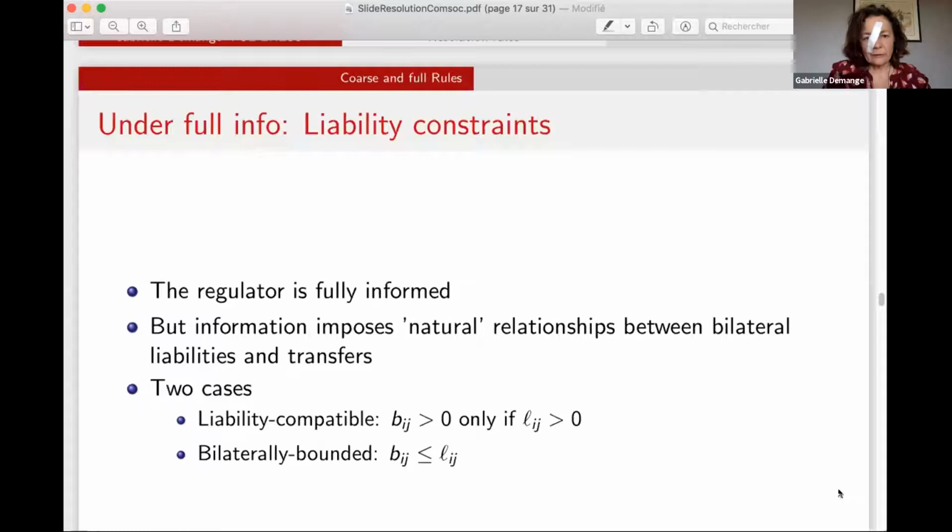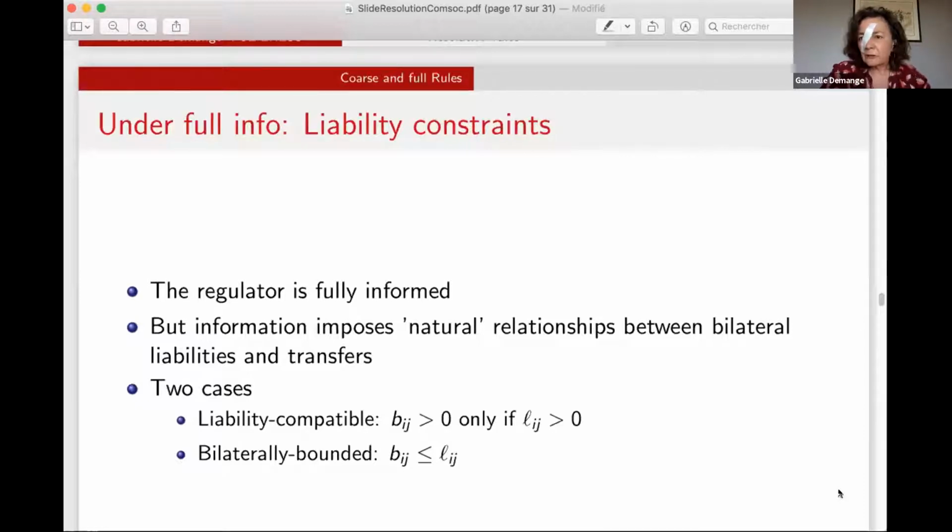And now one thing to say is that information does not necessarily ease the solution, okay? The reason is that, at least in what I consider, information imposes natural relationships between bilateral liabilities and transfers.